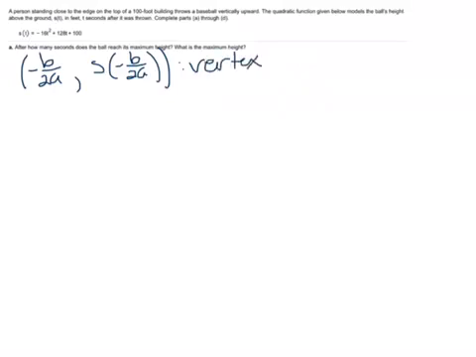So the first thing we need to figure out is what time value do we get, time equal to negative b over 2a. Now the a, b, and c are just like the a, b, and c we use in the quadratic formula. So in this case, a is negative 16, so in our denominator we have 2 times negative 16, and b is 128.